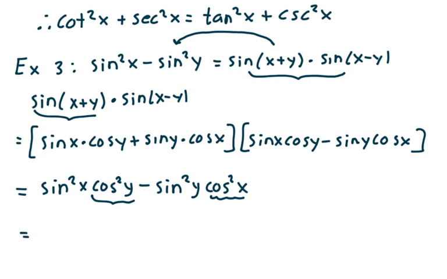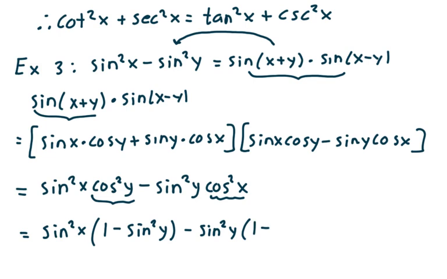Well, there's a couple of ideas that I have in mind. So I'm going to take sine squared x, and I'm going to multiply by 1 minus sine squared y. Then I'm going to go minus sine squared y times 1 minus sine squared of x. Like so.